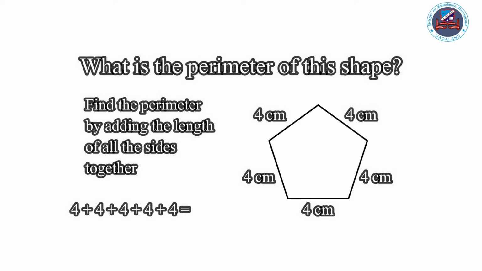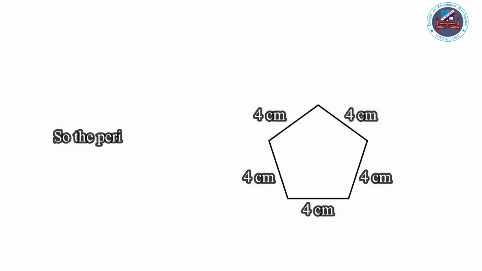That is 4 times 5, which is 20. So the perimeter of this shape is 20 centimeters. Remember, you can find the perimeter of a shape by just adding all of the sides together.